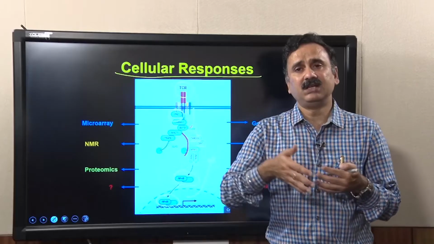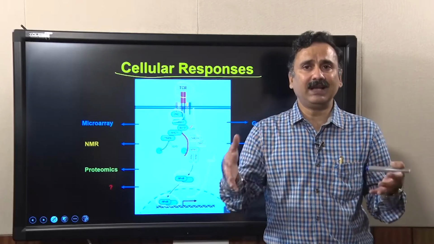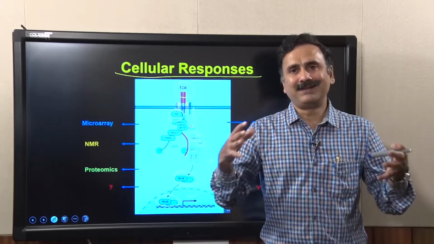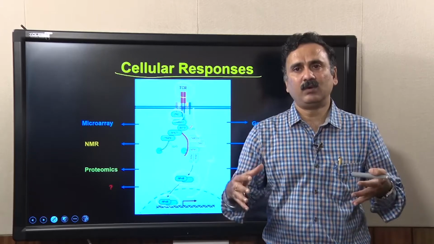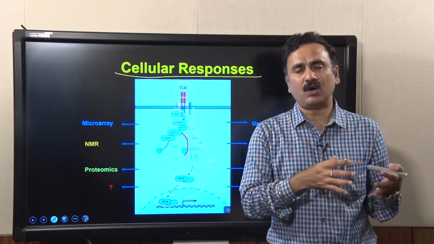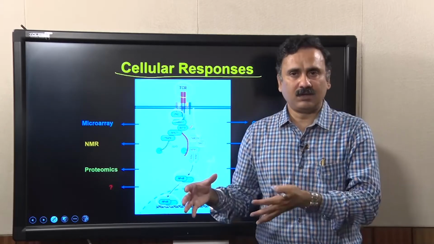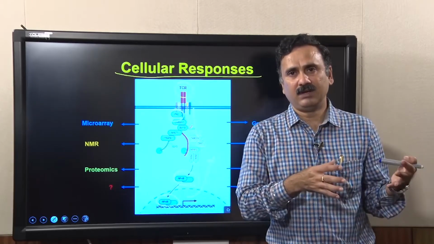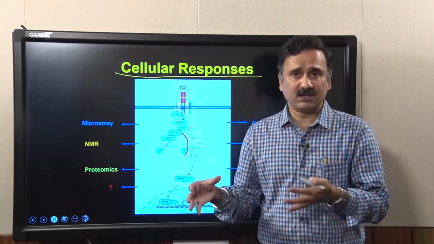It is changing the transcriptional activities within the cell, and as a result it is going to make a complete cellular response, whether it is going to be humoral immunity or cell mediated immunity.